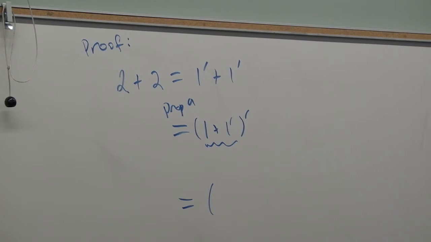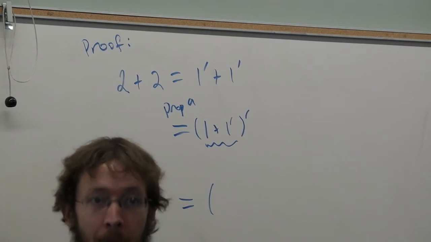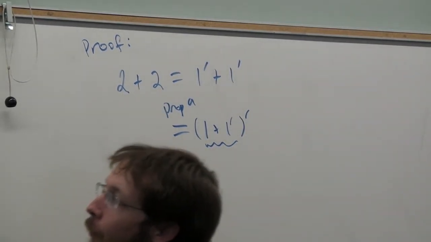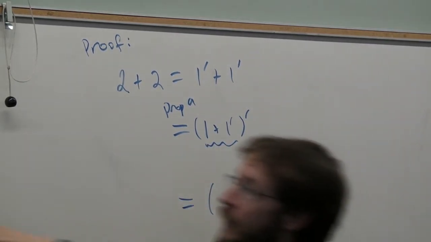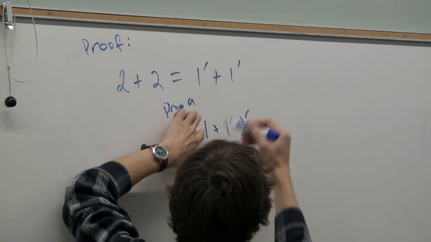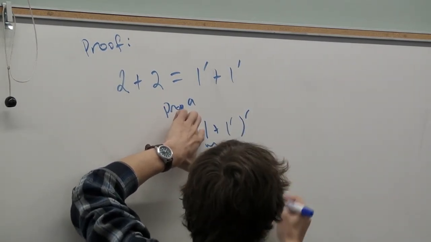What do you think? Yeah, it is, but what property? I mean, that is what we're doing, but not property beta. We're going to use property A. So when you have 1 plus any number, that's equivalent to just taking that number's successor.